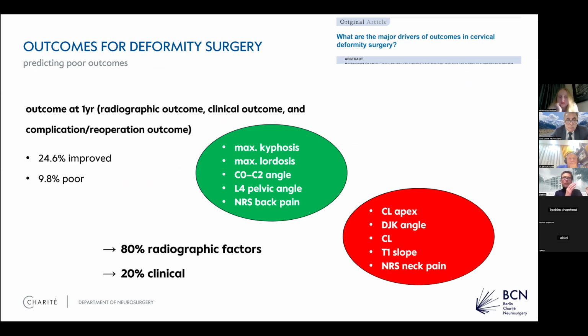If you are aiming for a good outcome, your good outcome, pain and neurology, mainly pain and revision rates, is determined on the biomechanics, on the radiograph, and only 20% whether the patient is improving neurology-wise. So it's really important not only to take care of the spinal cord, but also to aim for a good result in terms of biomechanics and alignment.